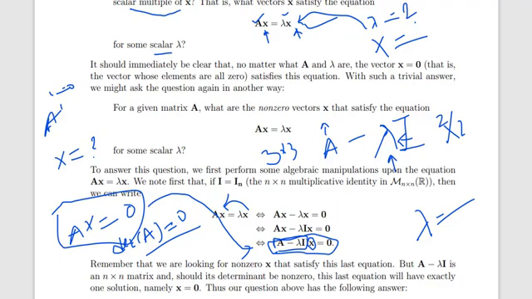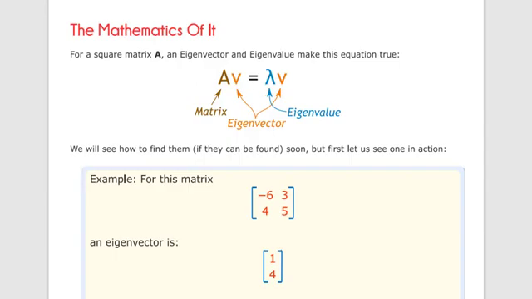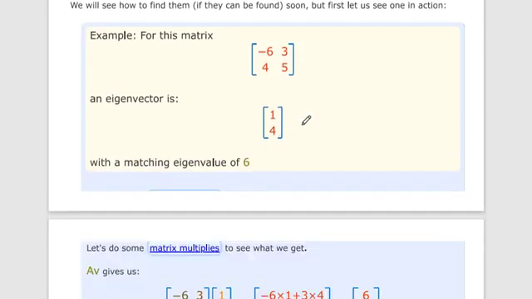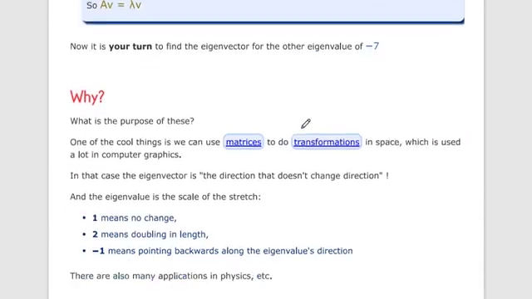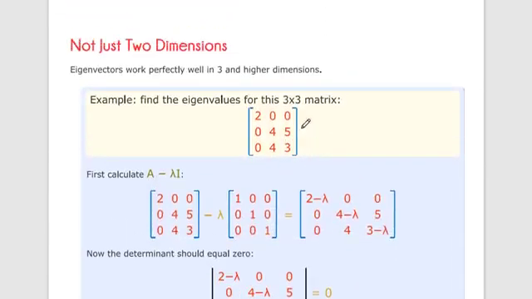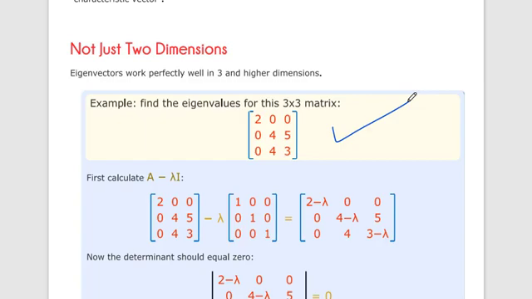Now let's start with our 3 by 3 matrix. We have to find the eigenvalues and eigenvectors.